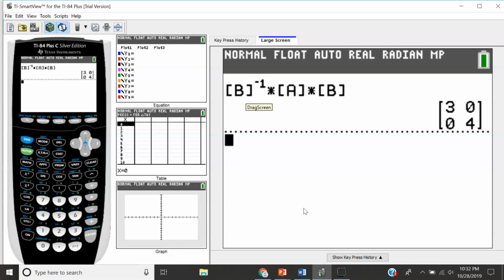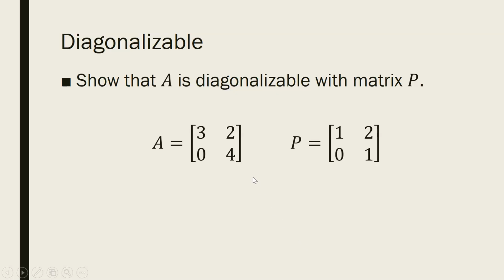So yes, our matrix is diagonalizable, and specifically you get the diagonal matrix 3, 0, 0, 4, and you get that using P inverse times A times P.